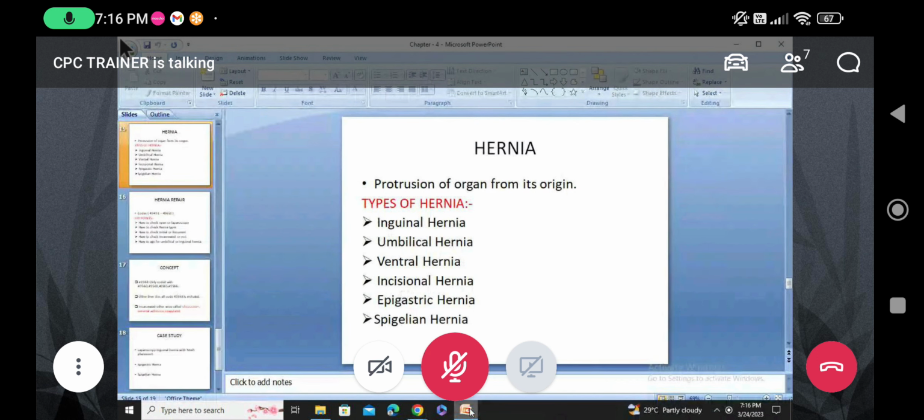This is called hernia. And in this hernia we have six types: inguinal, umbilical, ventral, incisional, epigastric, and spigelian. So these are all the types of hernia. So please note down this slide and update me, guys.